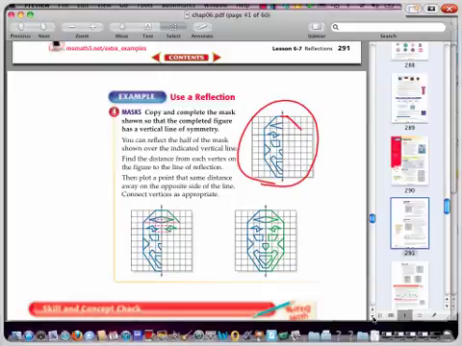We have to make it look exactly the same. And so that's all we're going to be doing. I'm just going to make this look just like that one over there. Just complete the half.